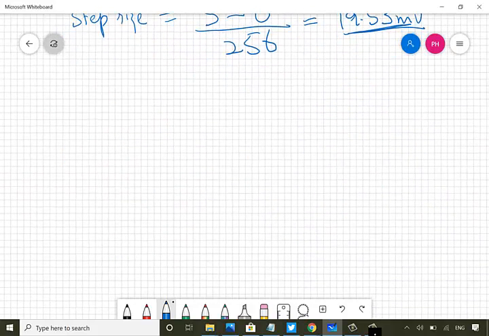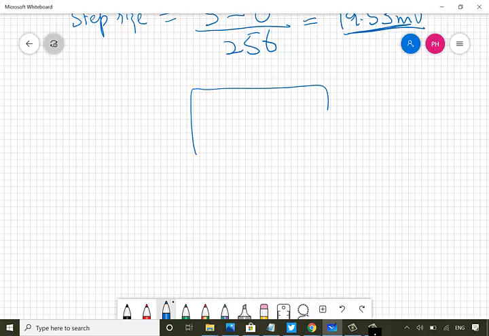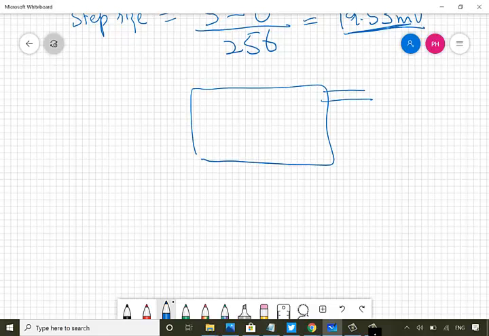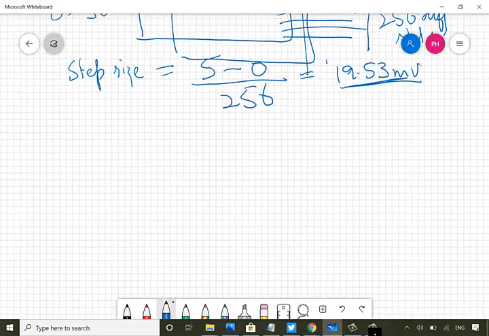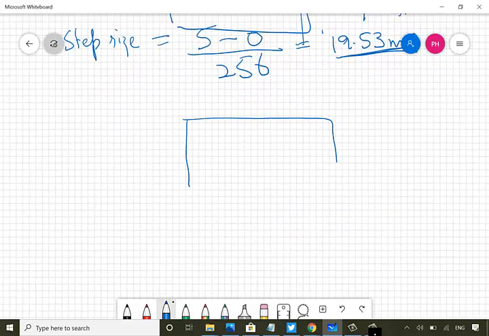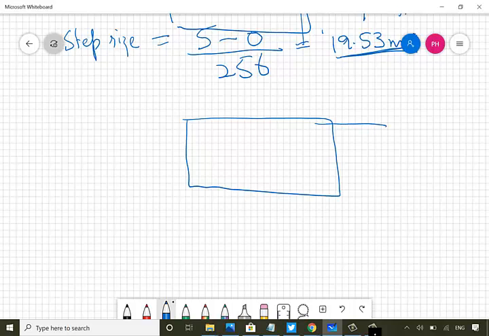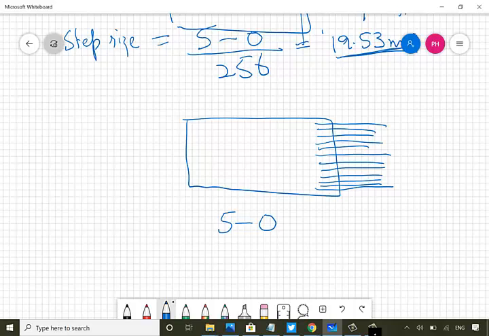And if the ADC has a 12-bit resolution, that means step size will be equal to 5 minus 0 divided by 4096, equal to only 1.2 millivolts.